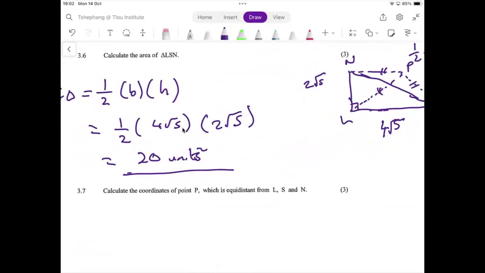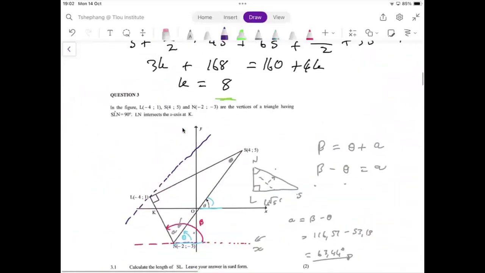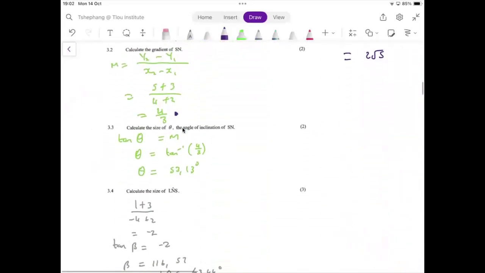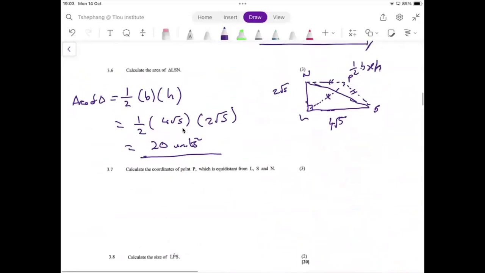Now, what we can do is, let's see, hang on one second. I want to see if they give us anything about the coordinate of P. No, we just know that it is equidistant. Okay, so because I just said P is a point there, I'm going to say P has coordinates A and B. I don't know what they are, right?